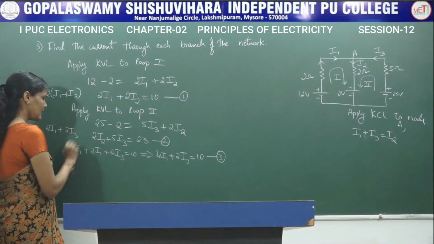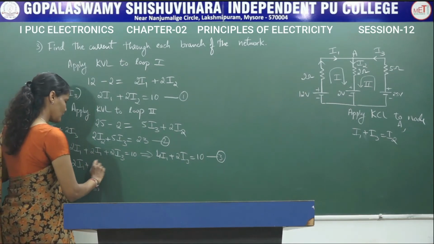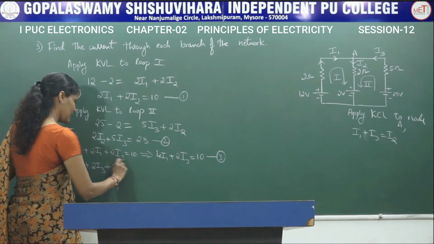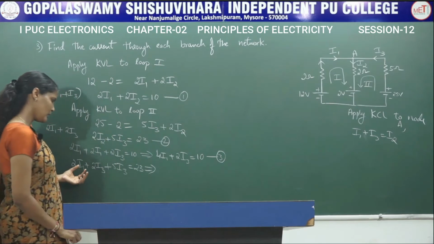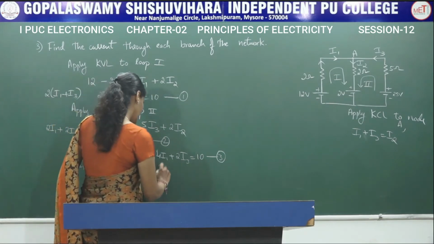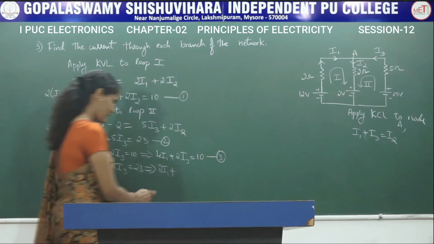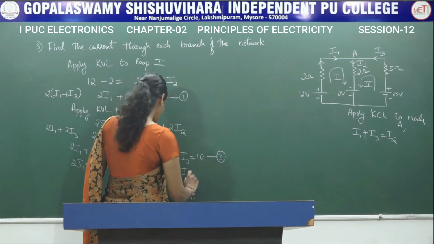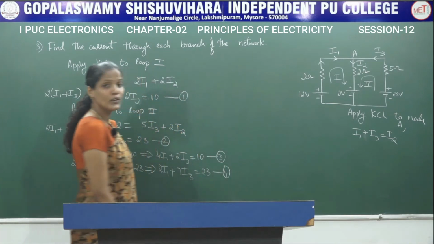I am writing directly. So 2I1 plus 2I3 plus 5I3 is equal to 23, and this equation will be 2I1 plus 5 plus 2, which is 7I3, equal to 23. Let us call this equation number 4.